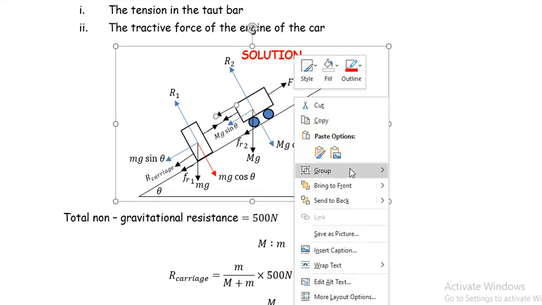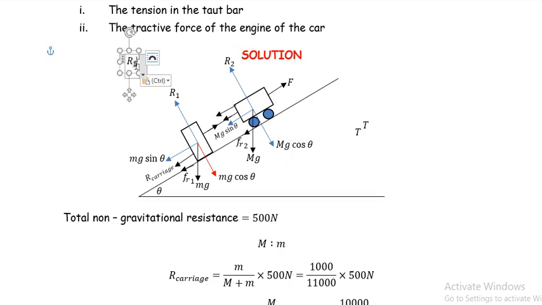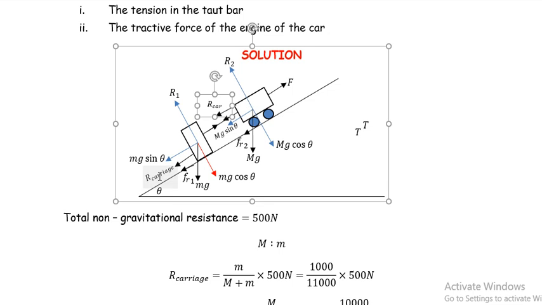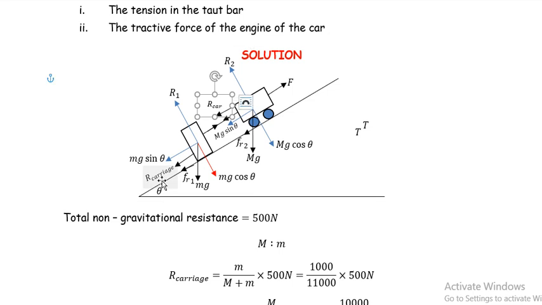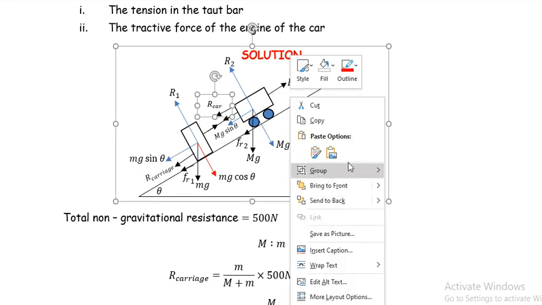So I'm just going to put it there, and we are going to call it arrow car. So that is arrow car. Now I think with this we have actually completed the force diagram for the whole system.